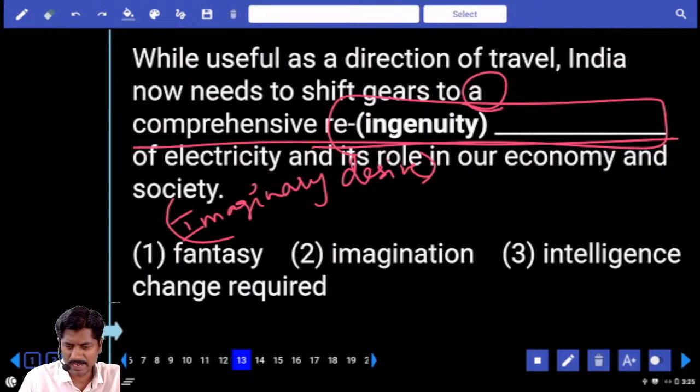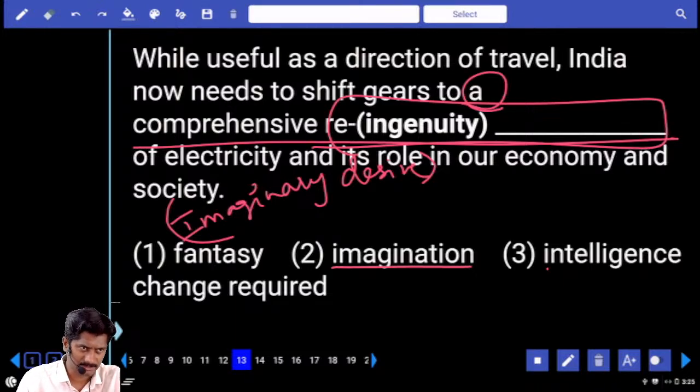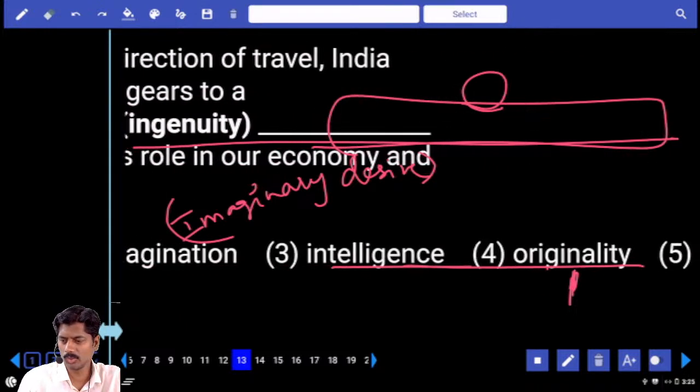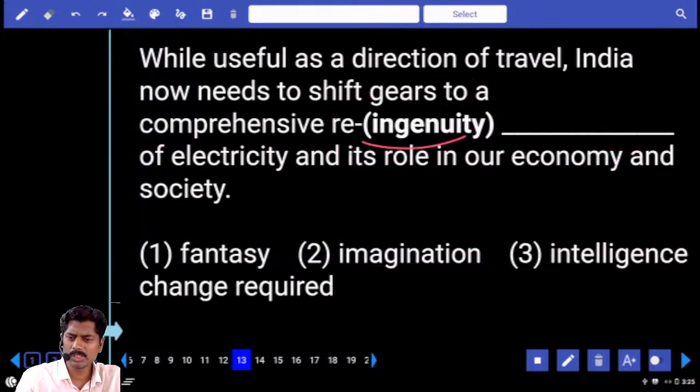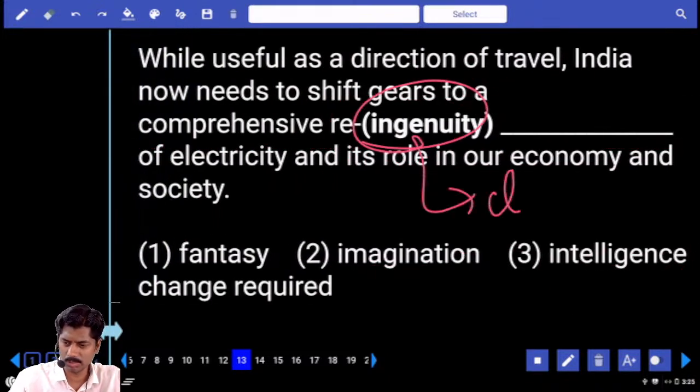Comprehensive re-fantasy, comprehensive re-imagination, comprehensive re-intelligence. Re means again. Again intelligence. Re-intelligence of electricity and its role. Re-originality. So what shall we take? What is the meaning of ingenuity? Ingenuity is nothing but clever.